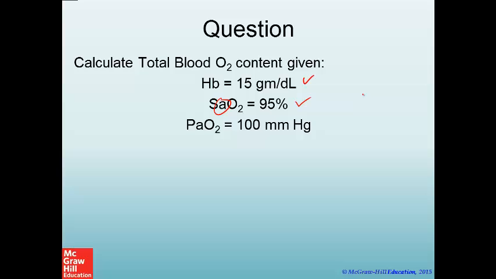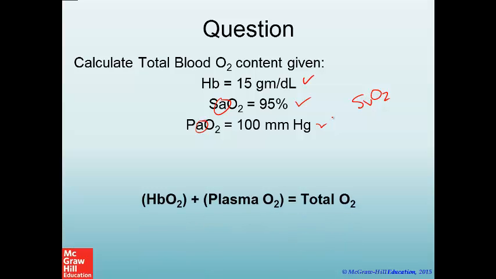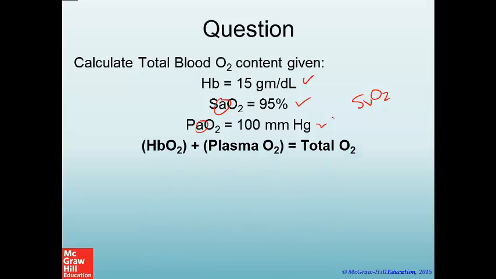If this were venous, it would be an SvO2. And then the partial pressure of oxygen in arterial blood is 100. So if you know those values, you can calculate total blood oxygen content, which is going to be how much oxygen is bound to hemoglobin and how much is dissolved in plasma.